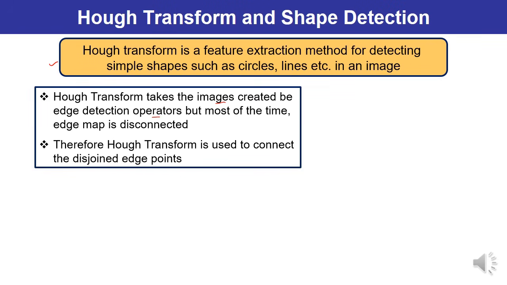It means the Hough transform is used to connect the disjoint edge points. Like if you are identifying a triangle in any image, there may be a possibility that there is a discontinuity in the edge. So the Hough transform is used to connect the disjoint edge points.